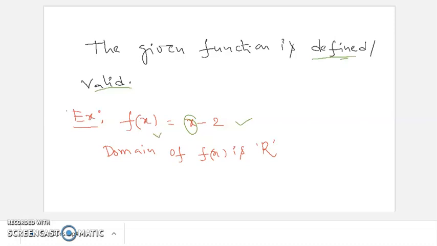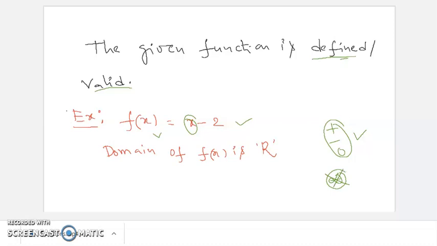Defined or valid means it is a positive real number, negative, or 0. So these are all known as defined or valid numbers. What is undefined? A value of infinity is undefined. So undefined values are not considered for the domain of the function.